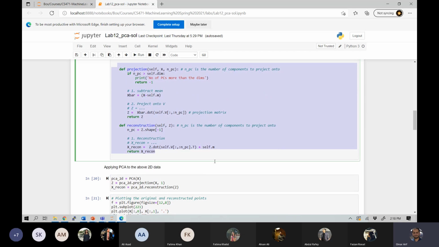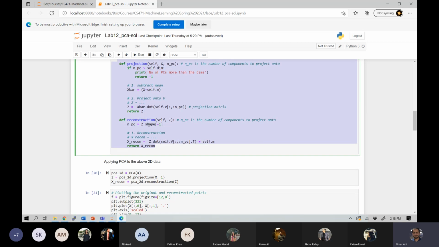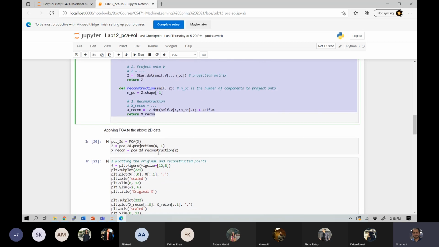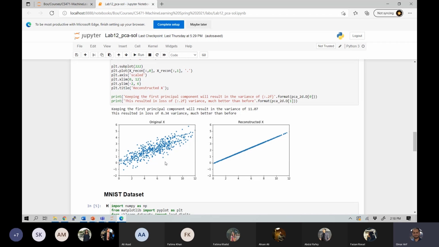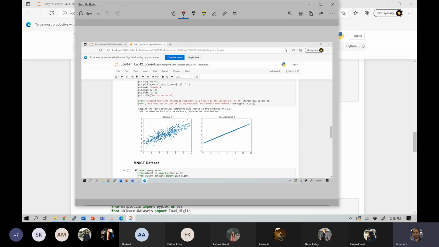Okay, once you have implemented this, you simply have to apply PCA, this class that you have implemented here, and then reconstruct using only one of the principal components. And this is what you're going to observe, that if you only keep the one component, then the reconstruction is going to be such that you lose this variance along the second component.